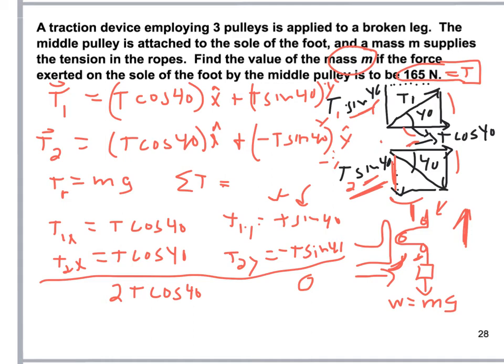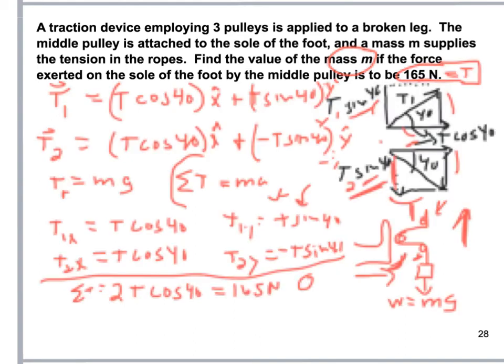So now we just want the tension in that x direction. And when we come back up here, normally we would say F equals MA, and we're given that right there. We're given it as this 165. So we found our summation of our T's right here, and we can set that equal to the 165 newtons.